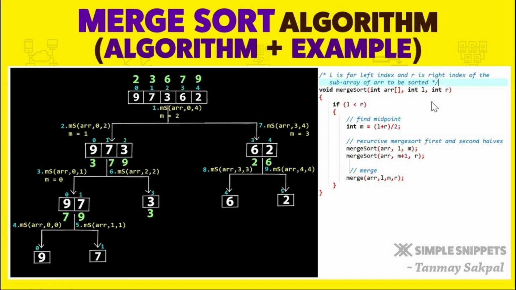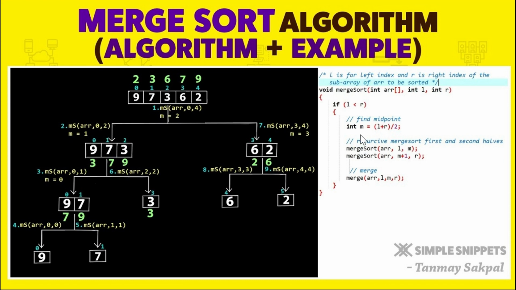So given to the right is the algorithm for merge sort. Basically we have a function called merge sort in which we pass the array as well as the left index and the right index. Now we will check a condition whether the left index is less than the right index or not. If it is, we find the midpoint using the given formula, and then we recursively call merge sort.